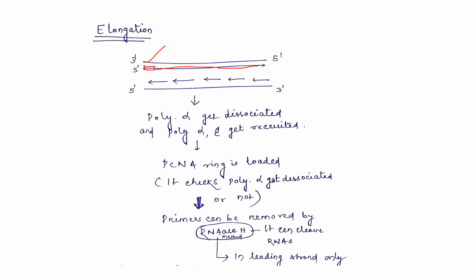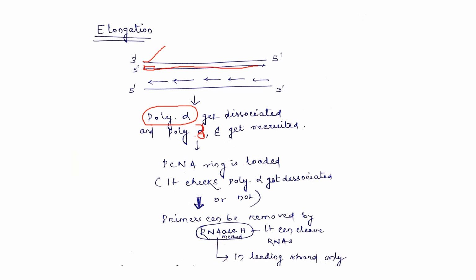So after DNA polymerase alpha gets dissociated, then polymerase epsilon and delta will be recruited. It is not alpha, it is delta.